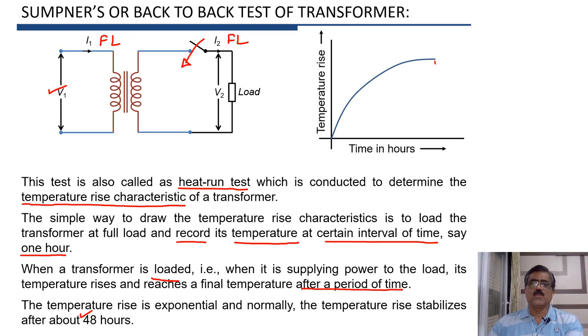Means we have to normally load the transformer at full load up to 48 hours, and note down the temperature of transformer after every hour and then we can plot the temperature rise characteristics. You can see that the temperature rise characteristics is exponential and after about 48 hours the temperature rise stabilizes, means the temperature will remain almost constant. So, this temperature rise we have to measure with the help of heat run test.